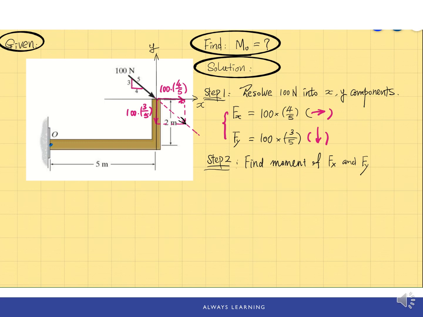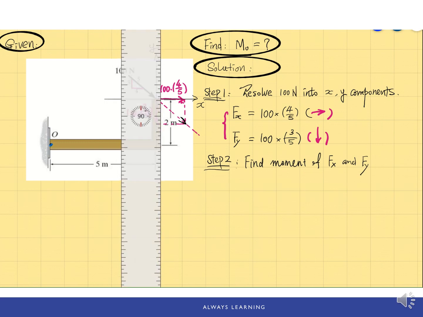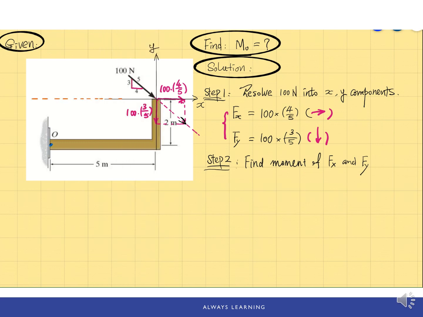So we need to extend this line, and this Fx is along the same direction as the x-axis. Here we draw the perpendicular line from the point O to the line of action, and this is dx, which is 2 meters.